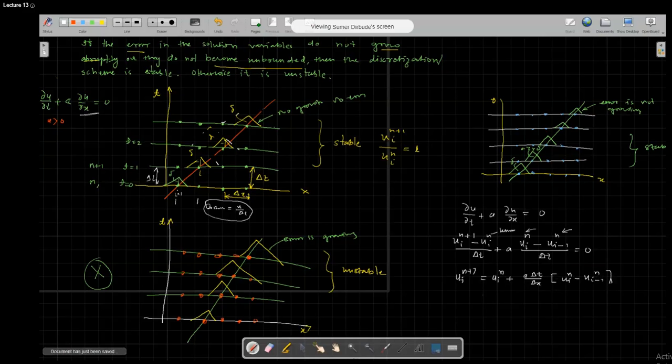Or let me also write it like ui n minus a delta t over delta x ui n plus a delta t over delta x ui minus 1 n.